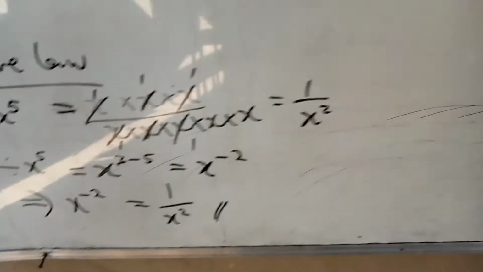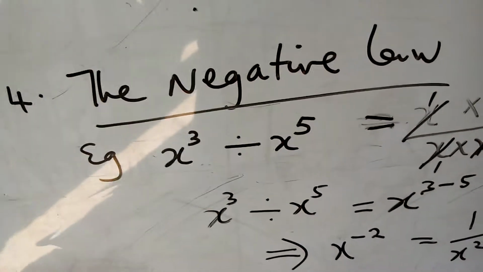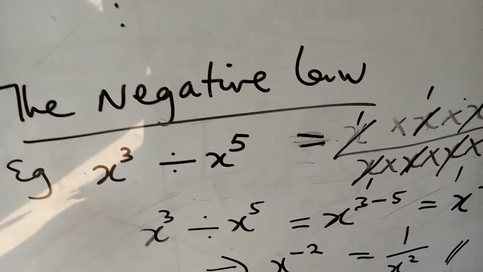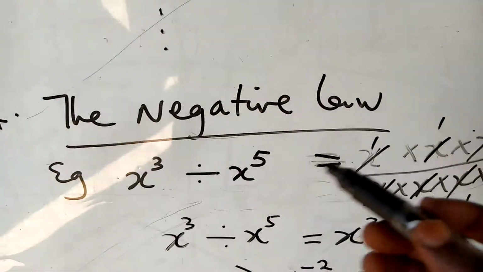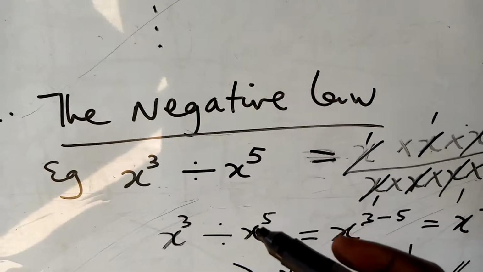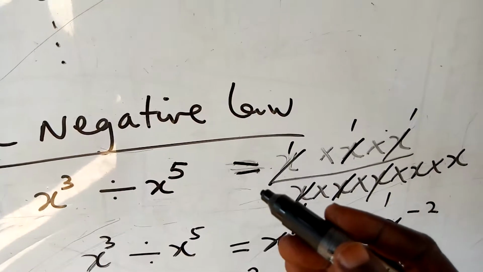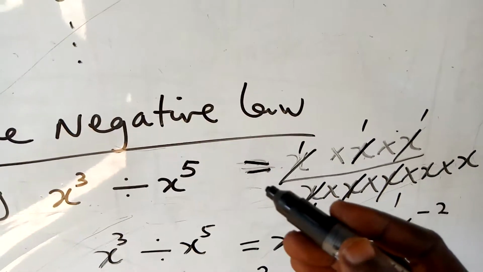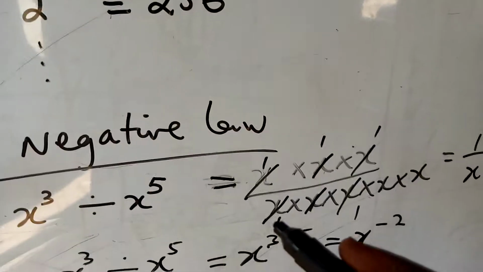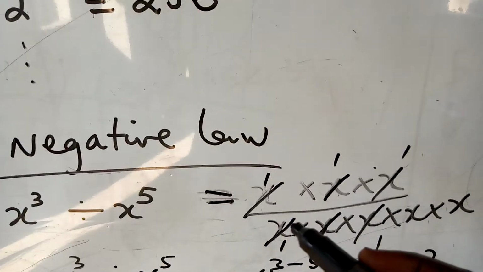Now look at the last law I'll be discussing today before I rest my case, the negative law. Look at this example: x raised to power 3 divided by x raised to power 5, right? Let's solve it by expansion.